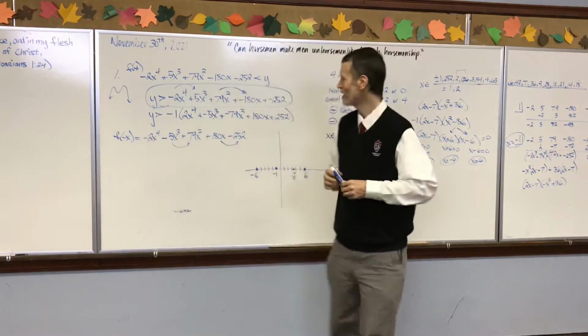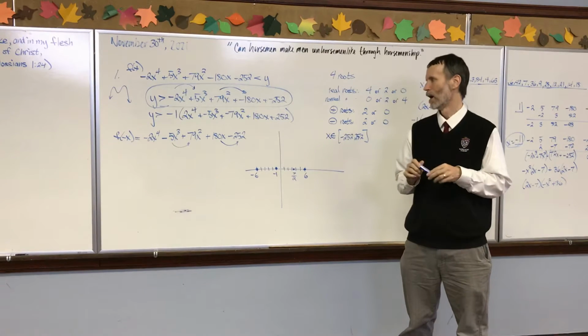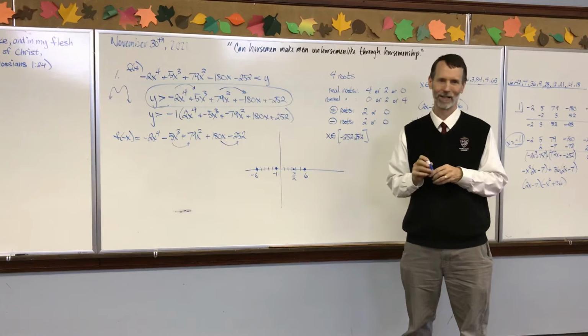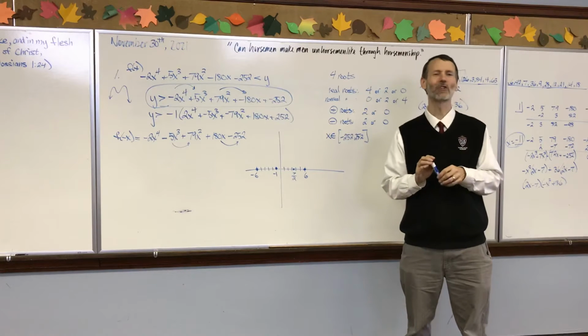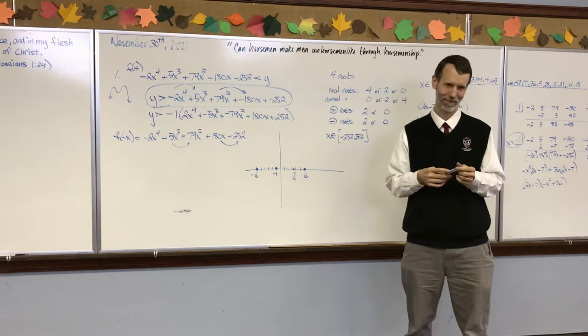That should give us some idea of what this looks like. You do not necessarily have to have all of the points. There is one more point I would like you to find. That's relatively easy to find. It's absolutely insane to graph, but it's easy to find. I'll give you a hint. We just got 4 x-intercepts.